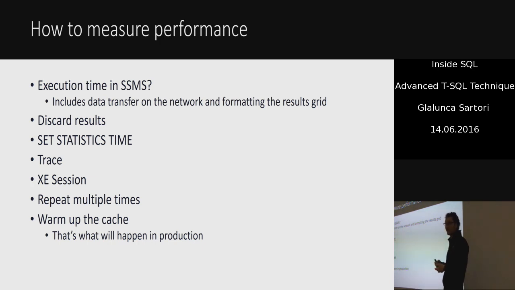If that piece of code will run against data that will probably be in the cache already in production, you will have to warm up the cache before taking your measurements. Otherwise, you keep it on disk, or you can also force discarding the cache completely.